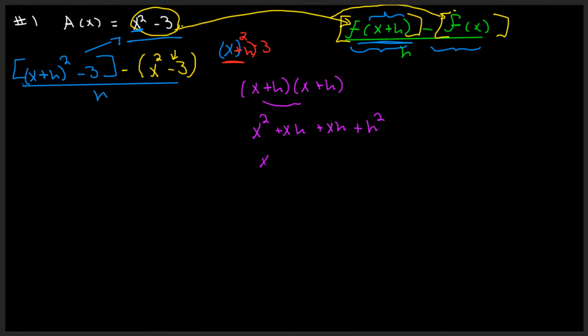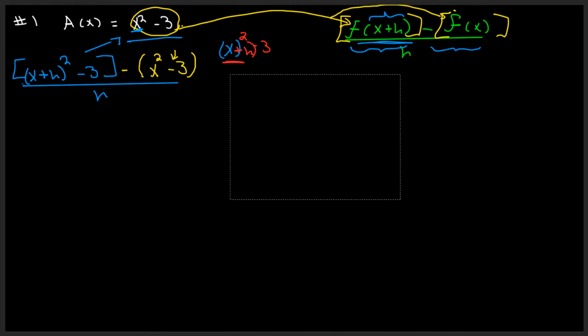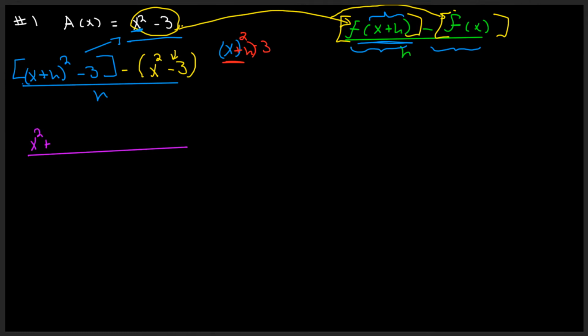We can combine this as x squared plus 2xh plus h squared. And as long as you have a grasp on the foiling, then you can just skip that part, do it in your head, and write it as x squared plus 2xh plus h squared.